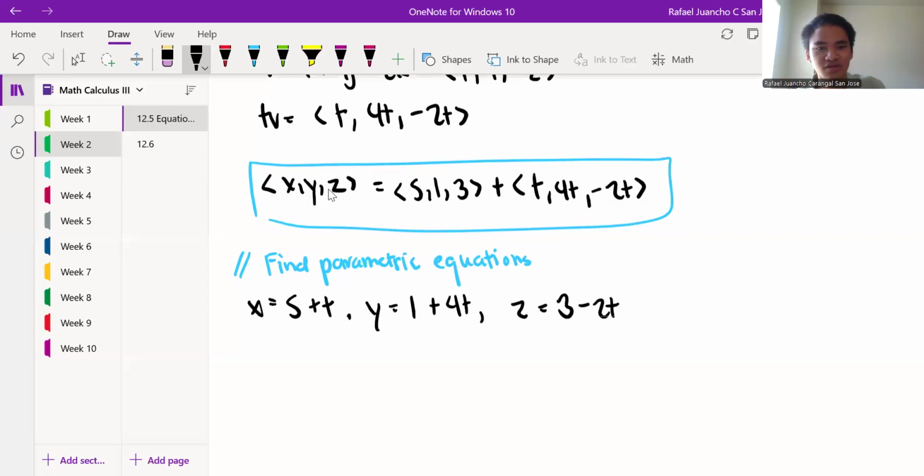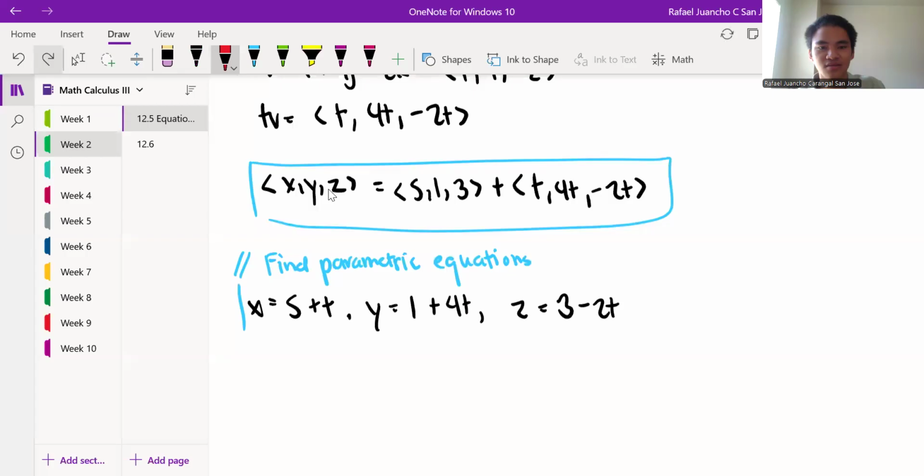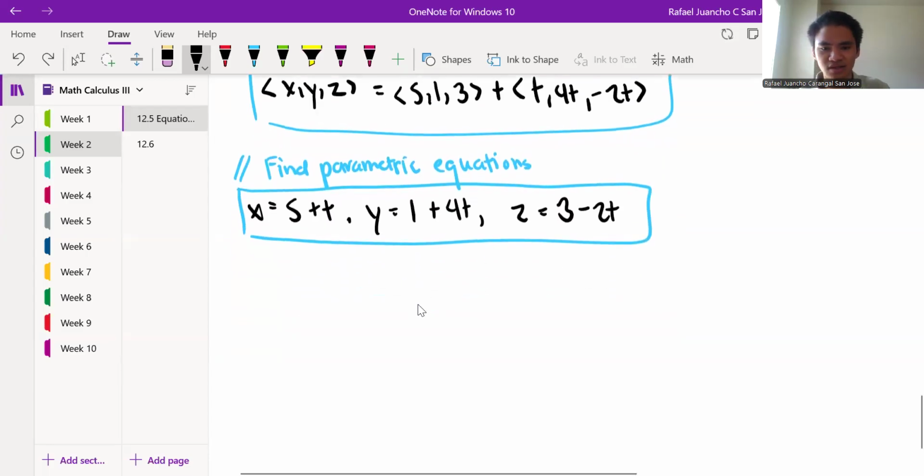Yeah, and that's the same thing the textbook got. So that's the answer. So x is equal to 5 plus t. y is equal to 1 plus 4t. And then same goes for z. z equals 3 minus 2t, because it's plus negative 2t, and plus negative 2t is just minus 2t. So boom, we have that.